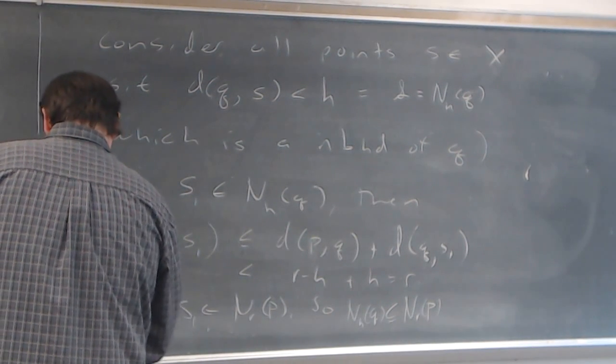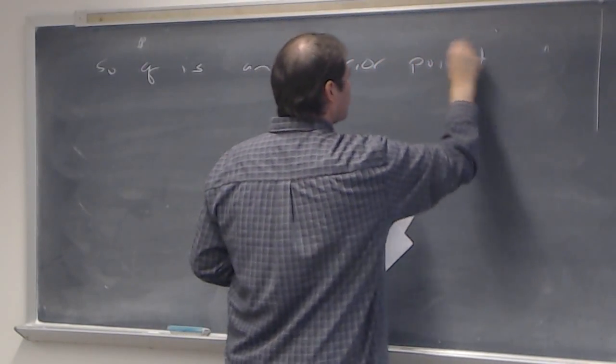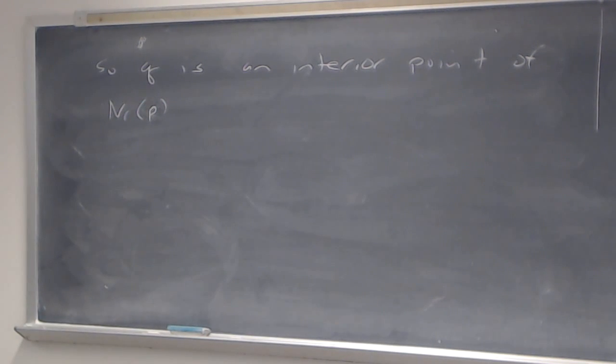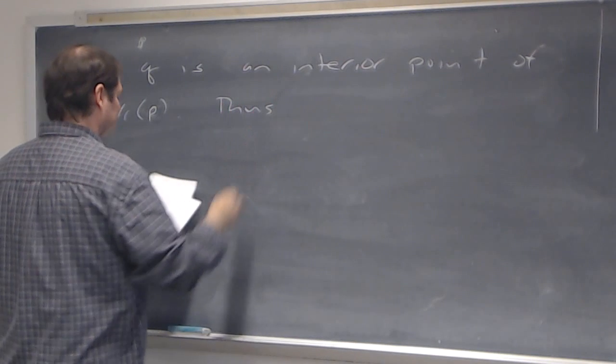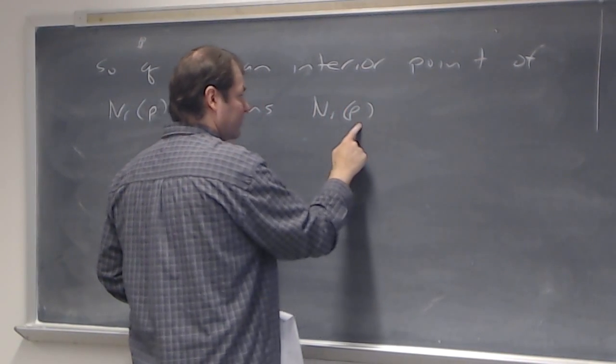So it says that Q is an interior point of N sub R of P, or E. Thus this neighborhood has to be open because Q is an arbitrary point of it.